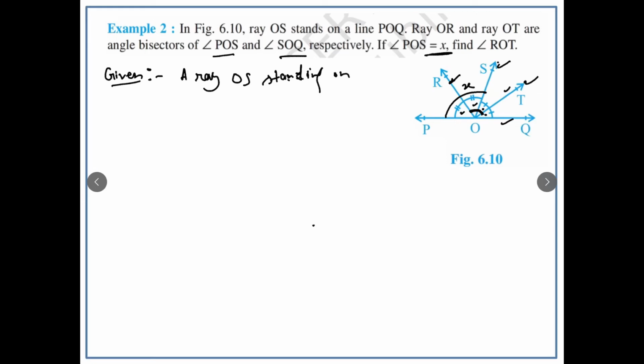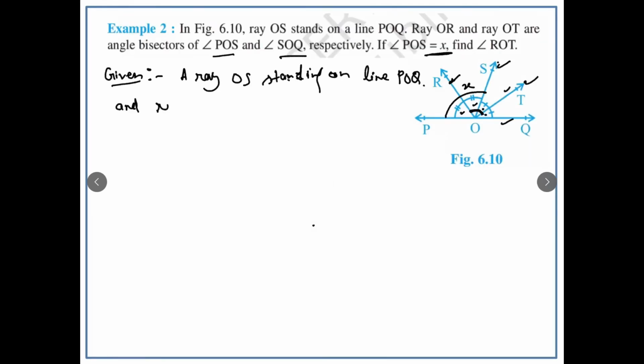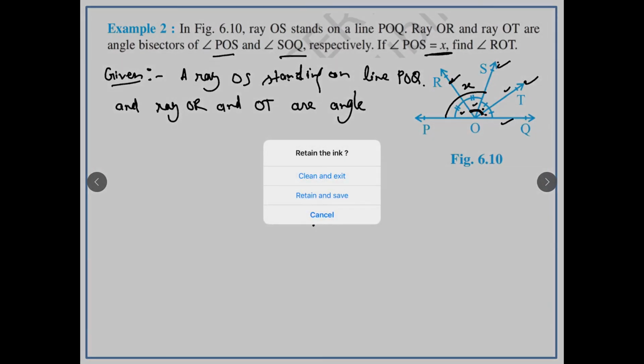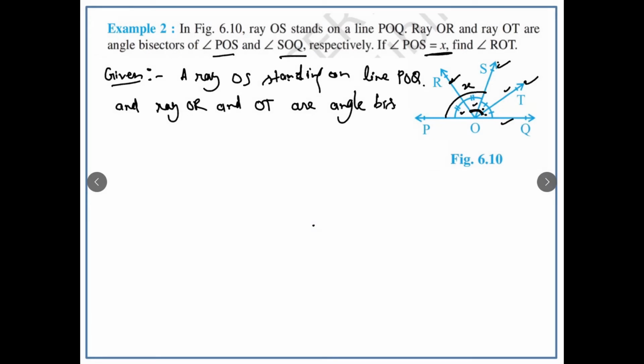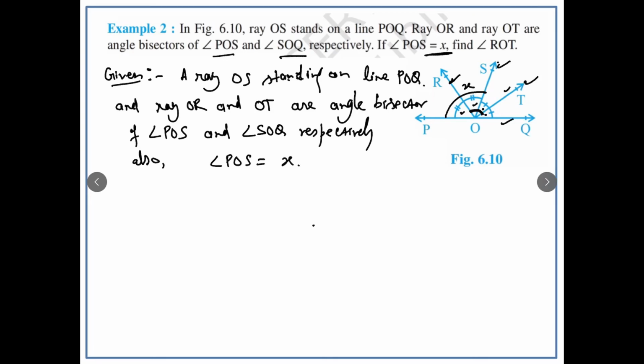Okay, and ray OR and OT are angle bisectors of angle POS and angle SOQ respectively, and we are given that also the angle POS is equal to x.